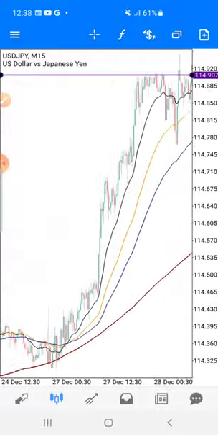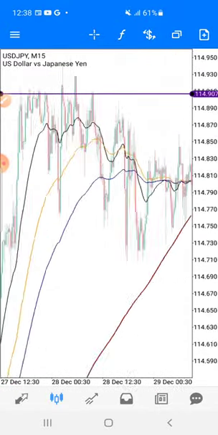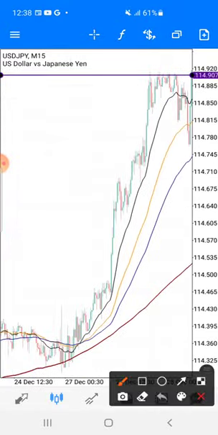As you can see here, let's just scroll back a bit. You can see here all the lines crossed below, and we enter our buy at this point and keep shifting our stop loss. Either you take this line as your stop loss, or you take the golden one.